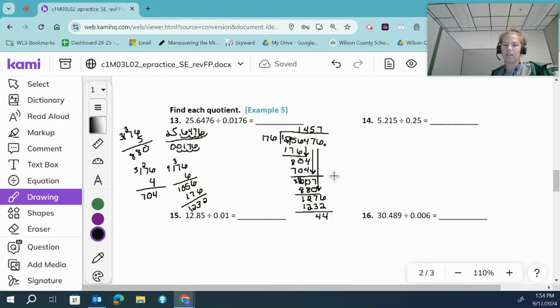Then the 0 comes down. 176 times 2. Lots of multiplication here. 2, carry my 1. 14 plus 1 is 15, carry my 1. And I get 352. More subtraction, borrow from here, I get 8.